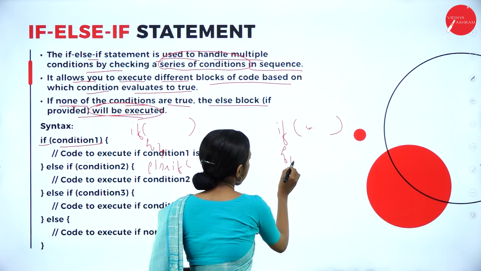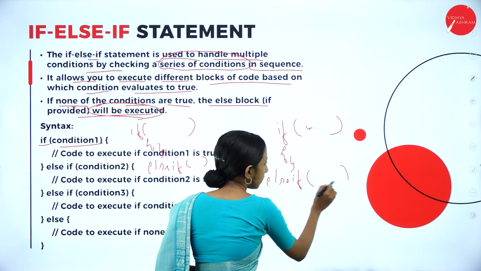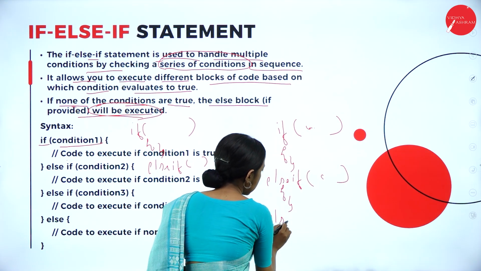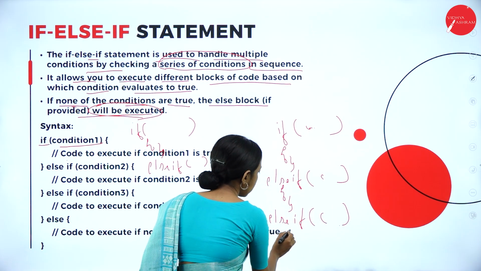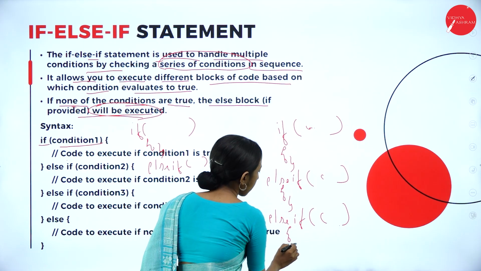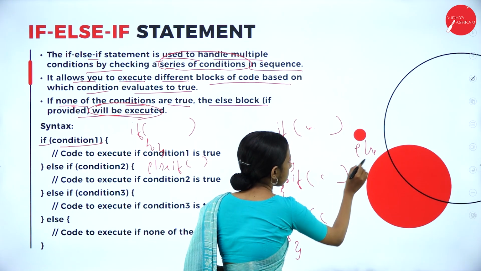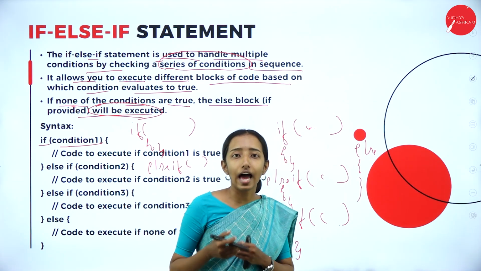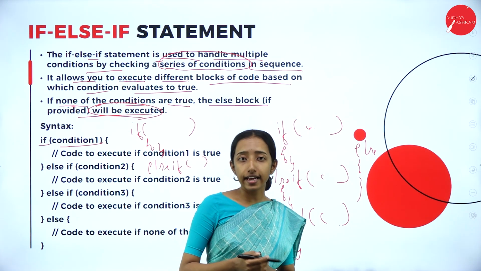And next else if, and also a condition. And next else if, and here also a condition. And at the last, we will be having the else part. So it is like a series of else if. It is like a ladder: if, else if, else if, else. So let us see the example.